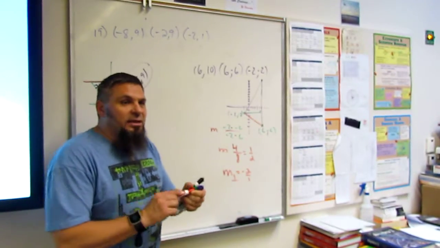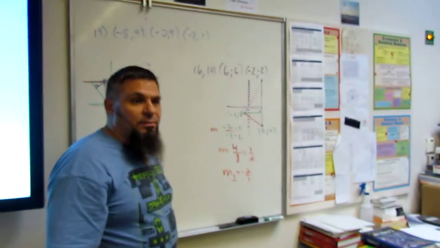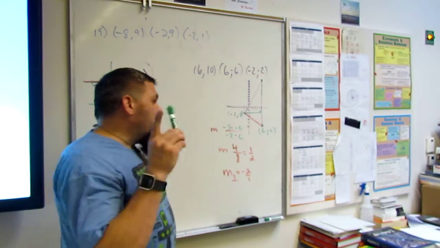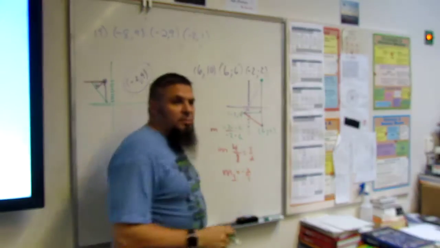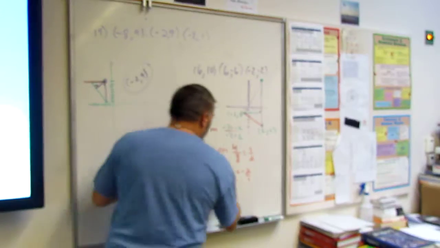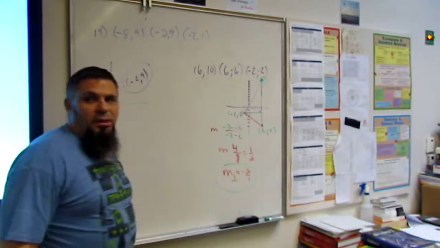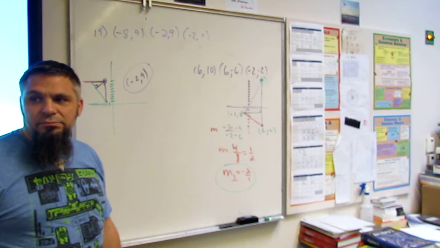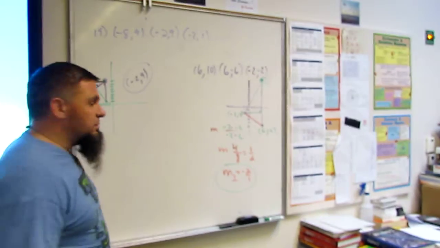Okay? That's going to give me the inverse, the perpendicular. But I need it to go through this point. So I need this perpendicular slope to go through this point. Okay? Does that make sense? Okay?